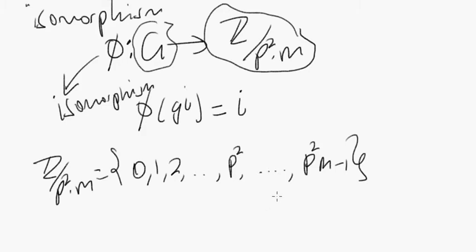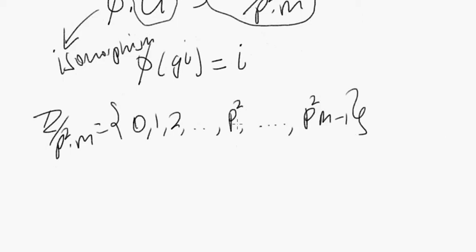So aren't we then guaranteed an element of order p? Yeah, let's see. If we look at Z mod p squared times m, are we guaranteed an element of order p squared? Because if we have an element of order p squared, haven't we just found a subgroup of order p squared?